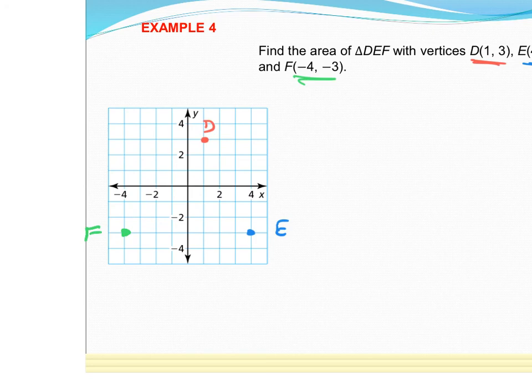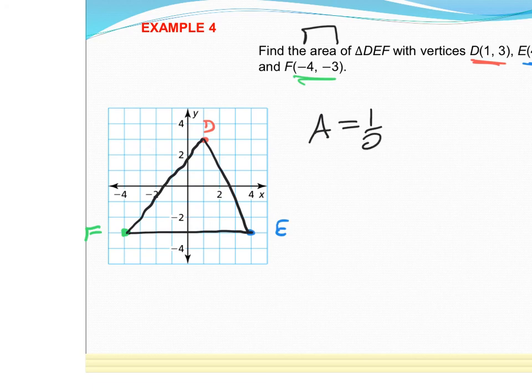I'm going to connect these and make my triangle. It wants area this time. So area formula is 1/2 base times height. My base is right here. It's the distance or the length of EF.